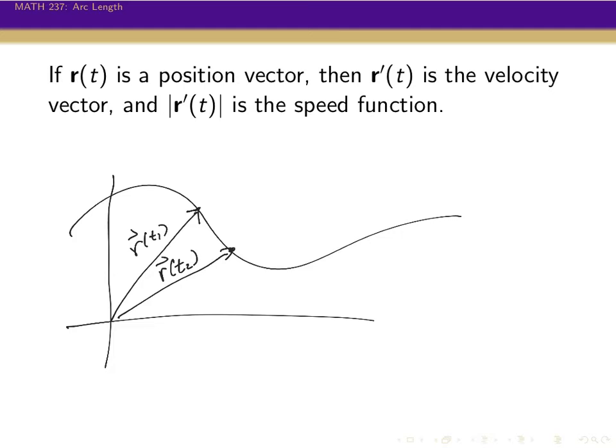The derivative of this vector function is going to be tangent to the curve. So that would be r prime of t1, r prime of t2. If we're out over here, r prime of t3 would go tangent that way.